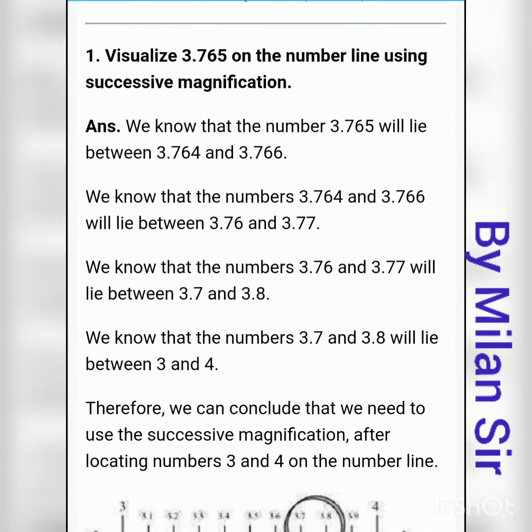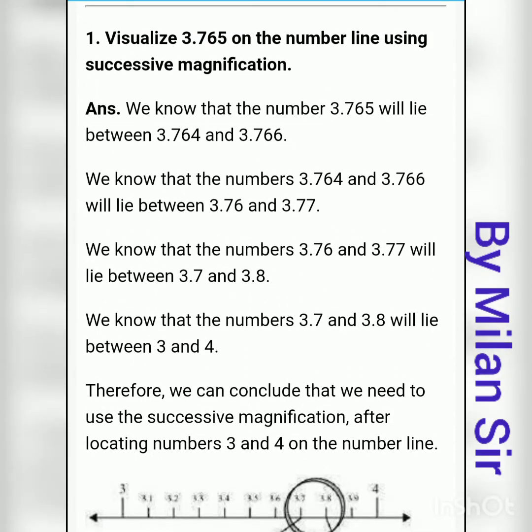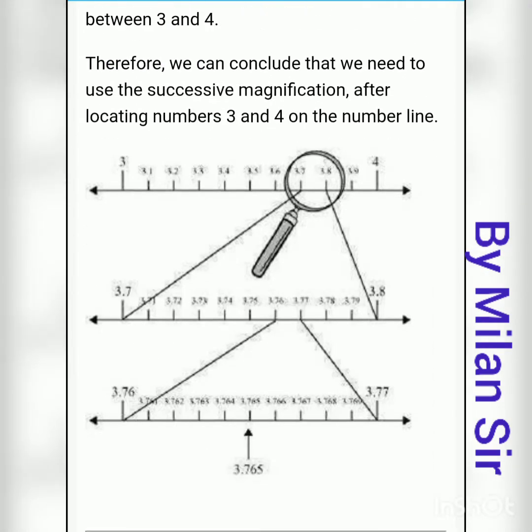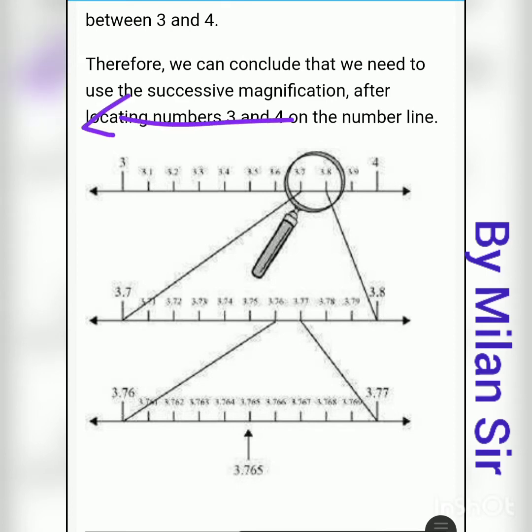First of all, we need to check that this number lies between 3 and 4, right? 3.765 lies between 3 and 4. So first of all, we need to draw a number line.